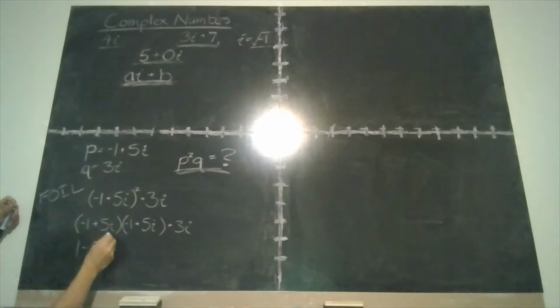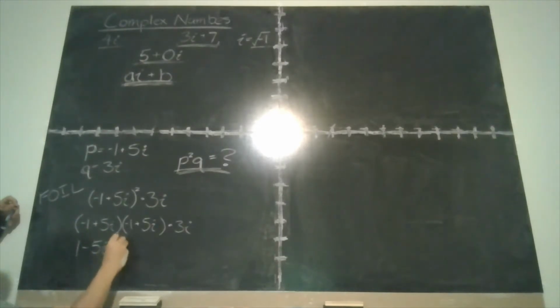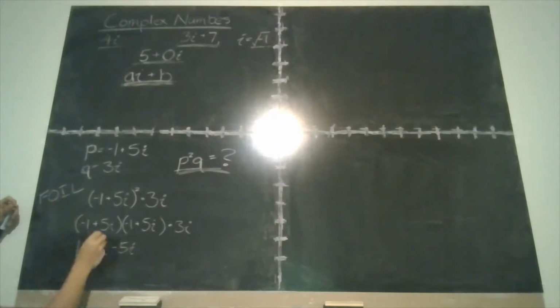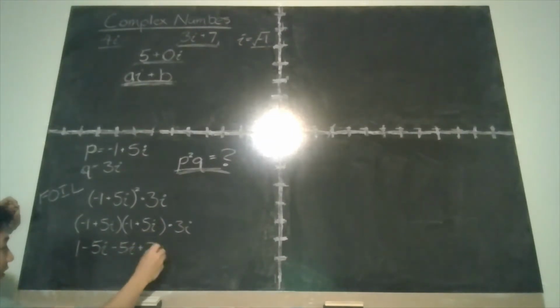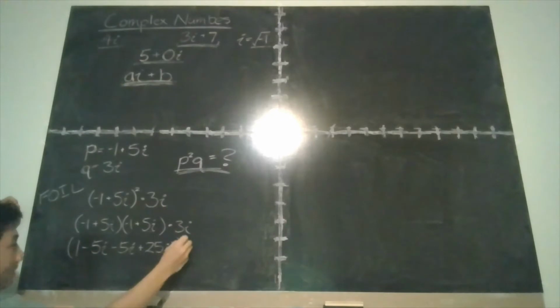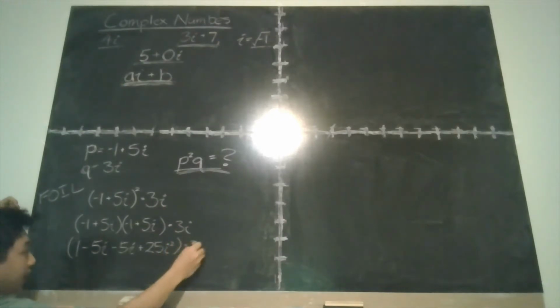Inner is the same thing, so it's -5i. And then last: 5i times 5i, which is plus 25, because that's 5 squared, and then i squared. Then times 3i.